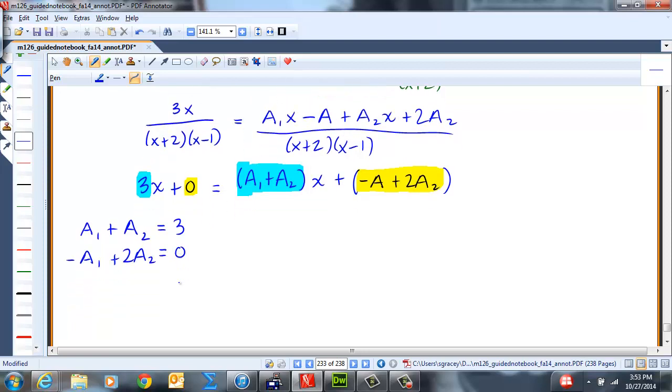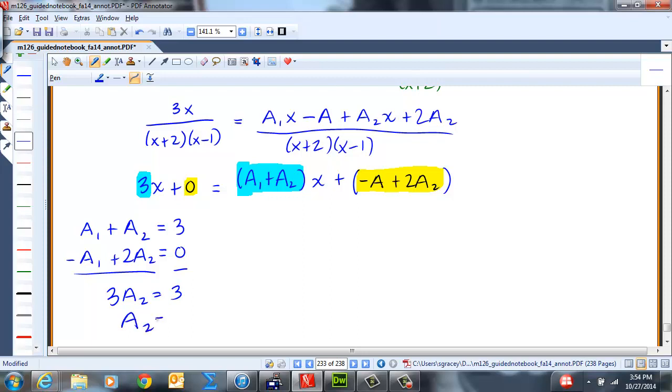And so this guy is a relatively easy system of equations to solve. If you add them, do you see the a1s will zero out? We'll have 3a2 is equal to 3.